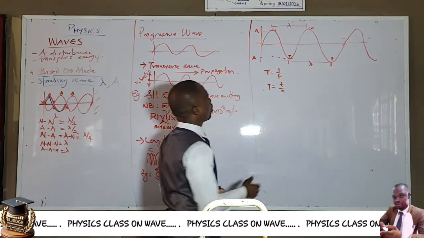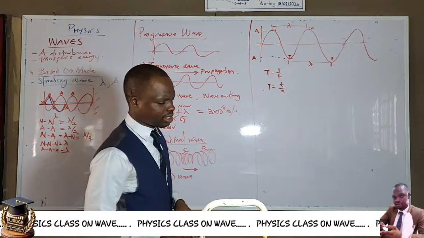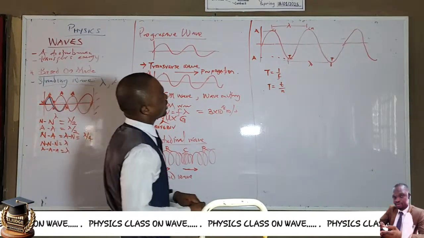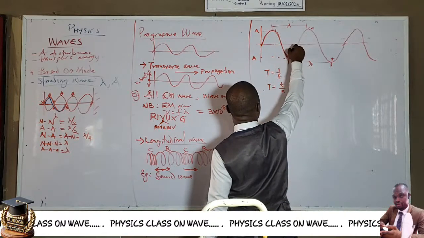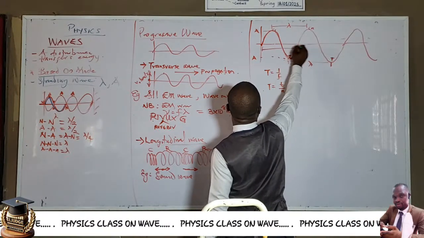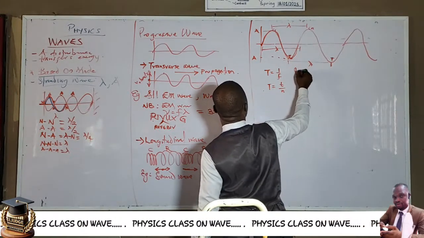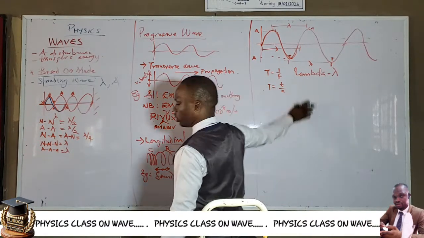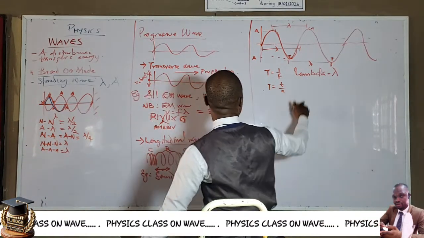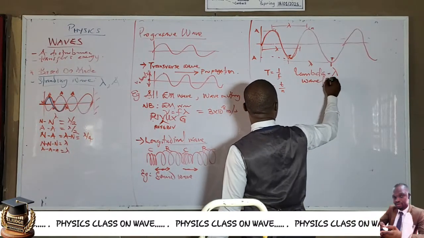So these are a few things that you have to note under this. Then the distance of a complete wave is also lambda. Lambda, the Greek letter, which we use for representing the wavelength of a wave.